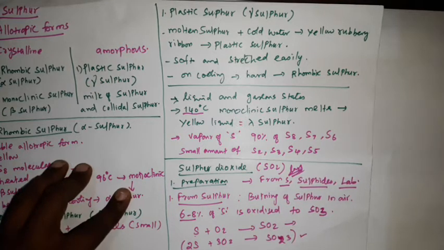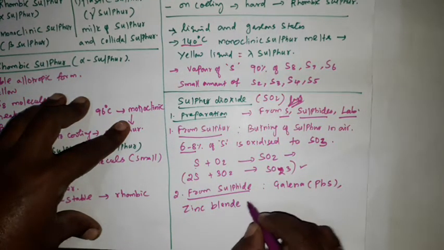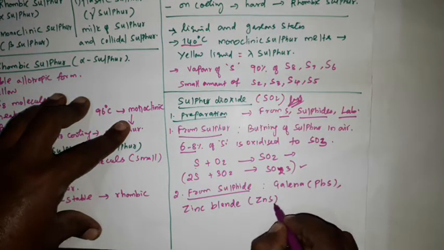Okay, then from sulfide ores, that sulfur ore, that is galena, that formula is PbS. Then another one is zinc blende, that is zinc sulfide.